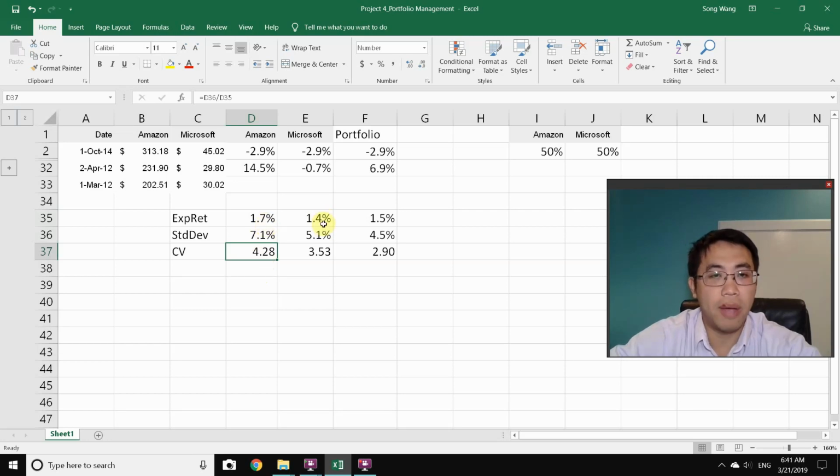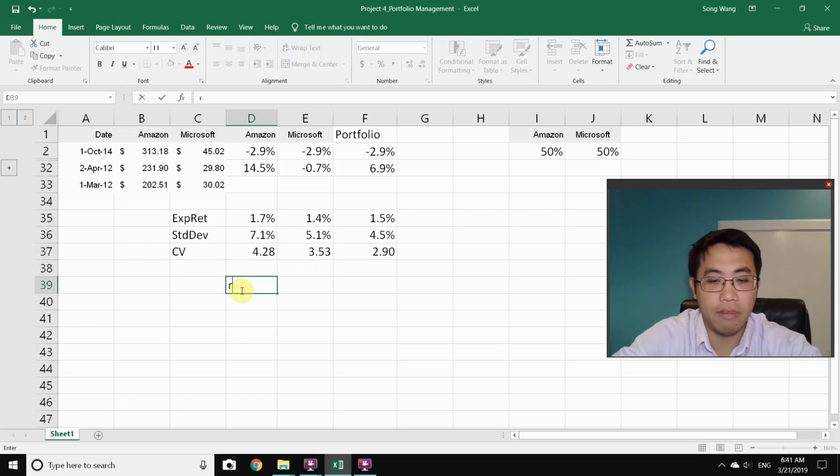And for Microsoft, the situation is a bit better. Although Microsoft does not have as high a return as Amazon, you see 1.4 is less than 1.7, Microsoft also has lower risk than Amazon. You see 5.1% standard deviation is lower than 7.1. If you combine risk and return, the ratio for Microsoft is better than Amazon.